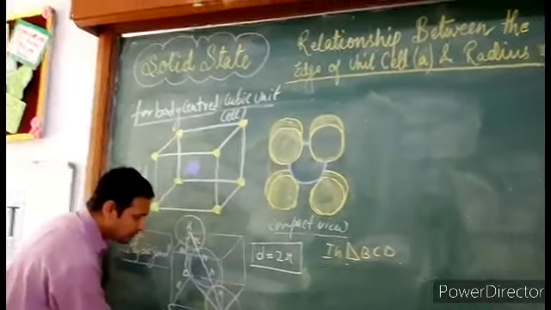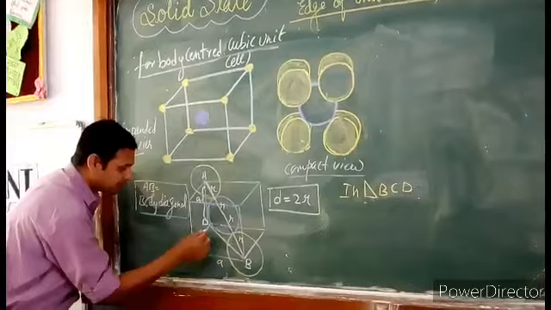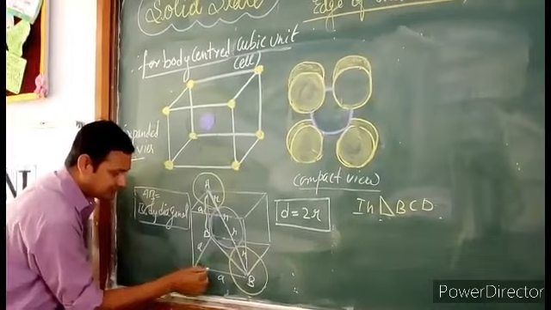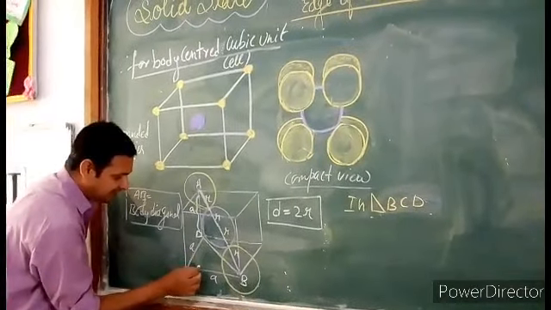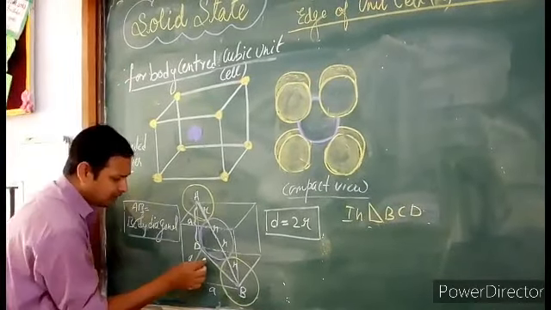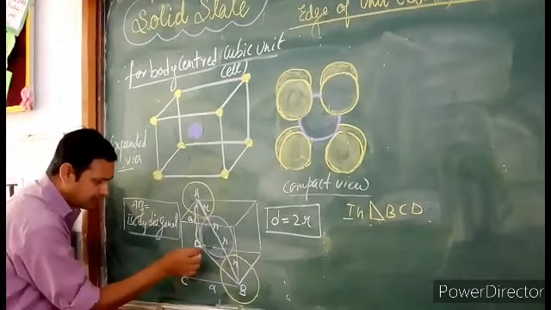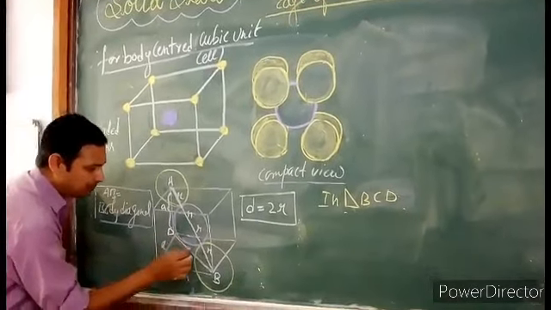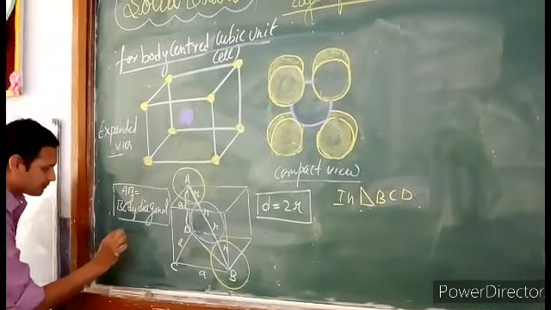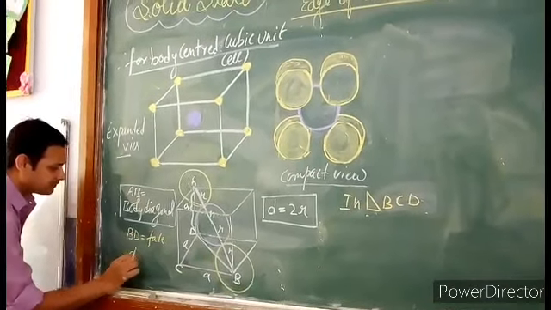This is the base of a cube, and the angle between the edges is 90 degrees. So BD is the face diagonal.